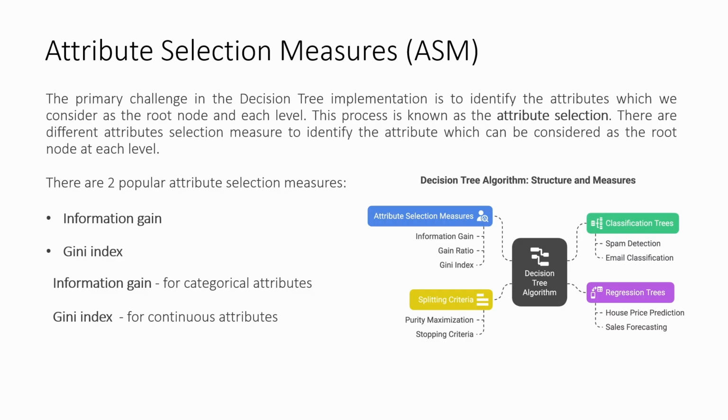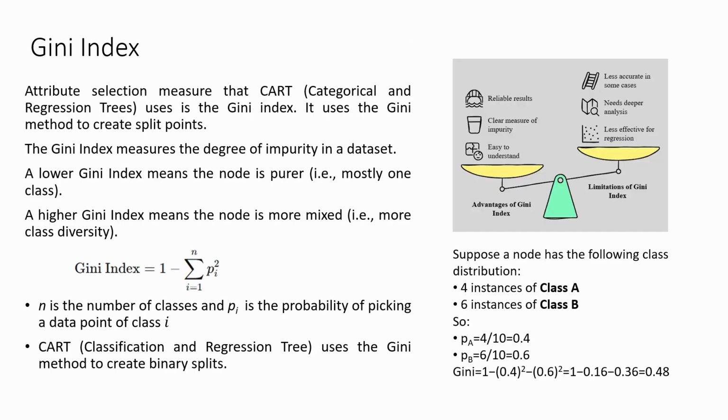There are different attribute selection measures to identify the attribute which can be considered as the root node at each level. The two popular attribute selection measures are information gain and Gini Index. Information gain is for categorical attributes and Gini Index is for continuous attributes. We will be concentrating on Gini Index, and I'll be solving a problem based on Gini Index.